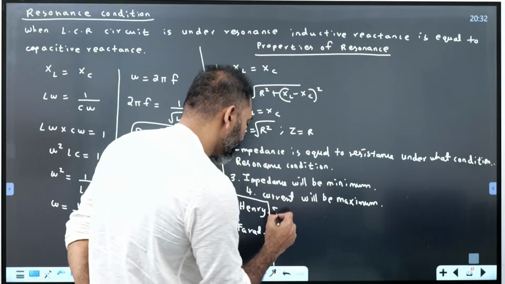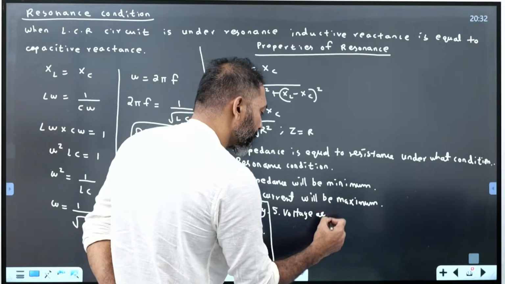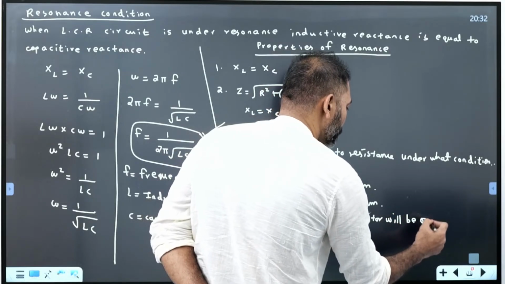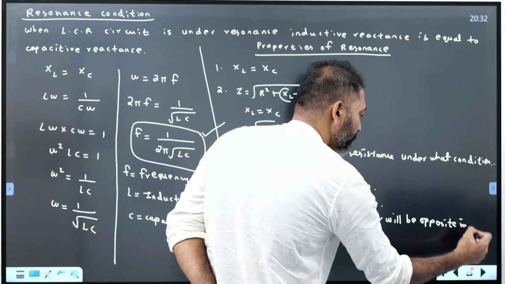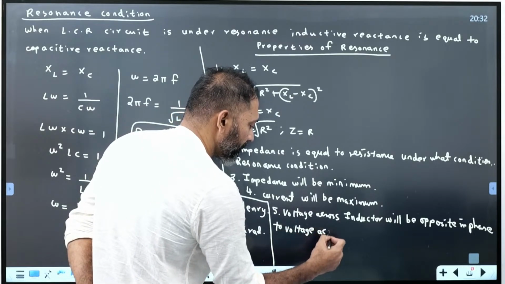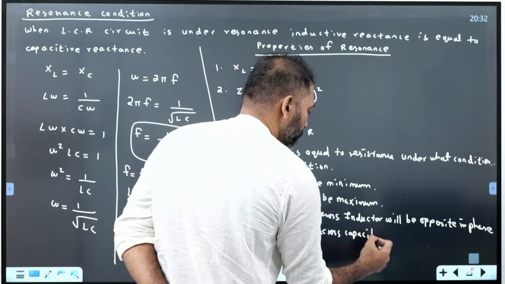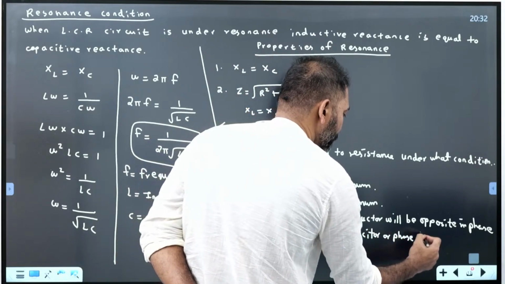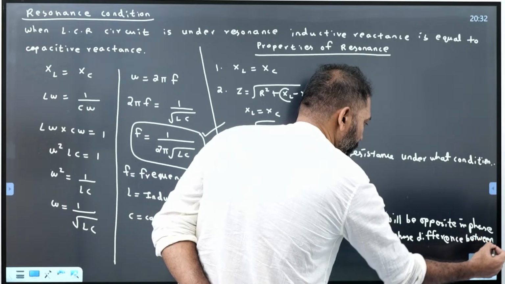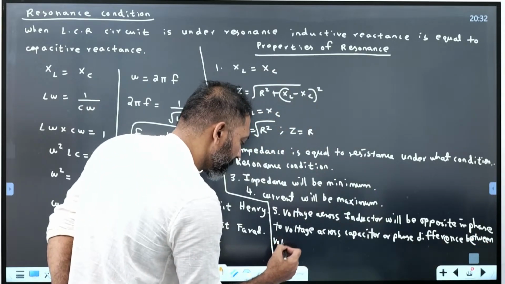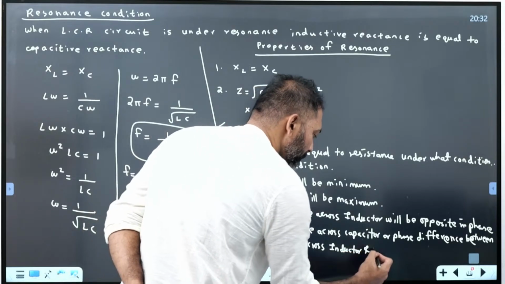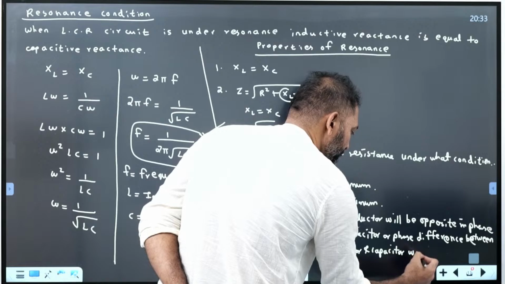And another point, voltage across inductor will be opposite in phase to voltage across capacitor, or phase difference between voltage across inductor and capacitor will be 180 degree.